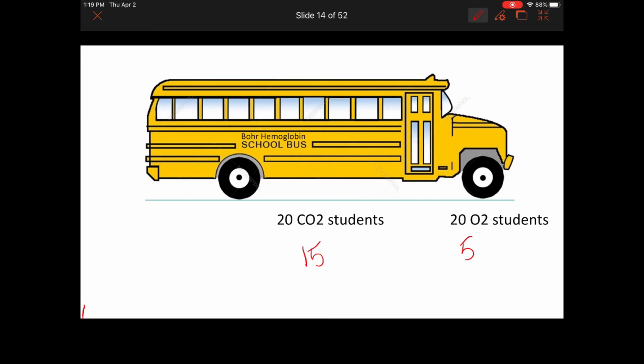So both oxygen and carbon dioxide are competing for spaces on the hemoglobin bus. And so the Bohr effect crowds out oxygen molecules from attaching to the hemoglobin, and that causes the graph to shift down and to the right.